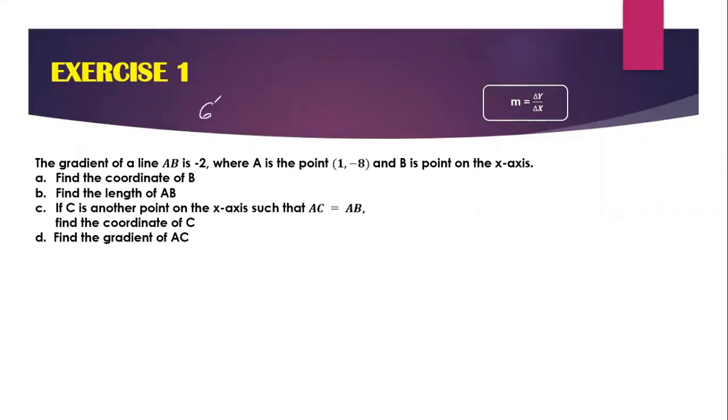Students, gradient or slope or steepness is defined as M. The symbol is M. M is delta Y over delta X. We can extend this formula: M equals Y2 minus Y1 over X2 minus X1. Okay?